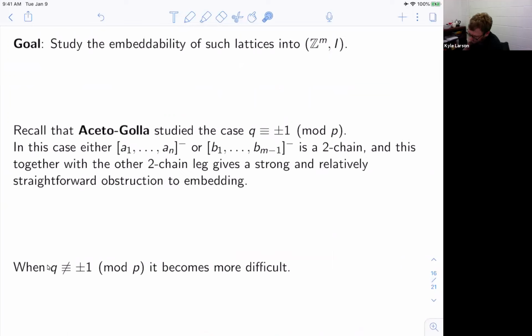Recall last time I mentioned that Paolo Aceto and Marco Golla had previously studied the case when q is congruent to plus or minus 1 mod p. This is a simplification. The reason is that in this scenario, one of these continued fraction expansions corresponds to a two-chain.